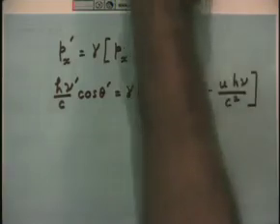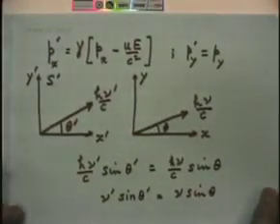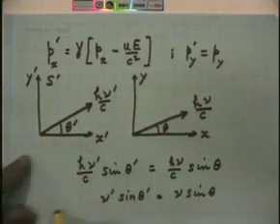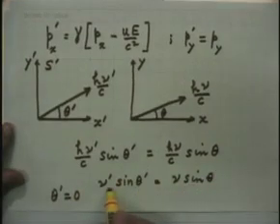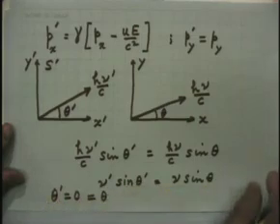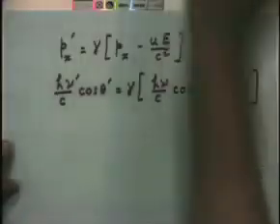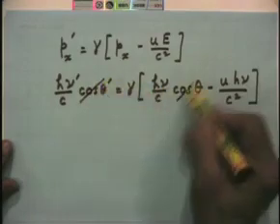Now, let me go back to the previous slide, and let us suppose the emission is such that theta prime is equal to 0. If theta prime is equal to 0, then from this equation we get, because the left hand side is 0, that theta is also 0. So, if I now substitute theta prime equal to 0 and theta equal to 0, the cosines are 1 and 1.